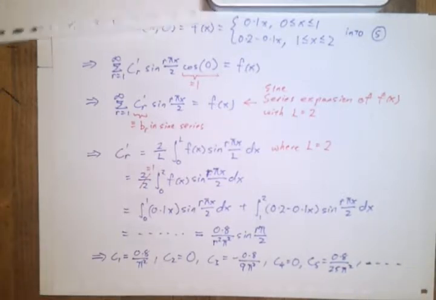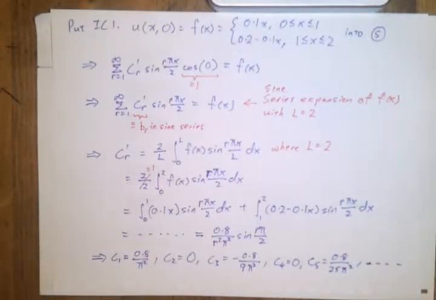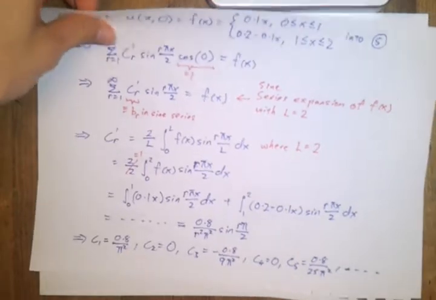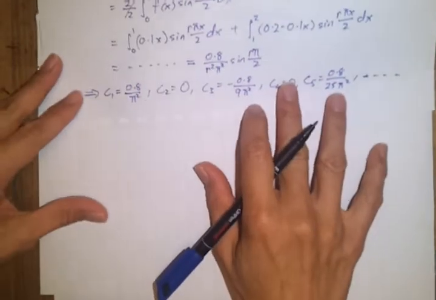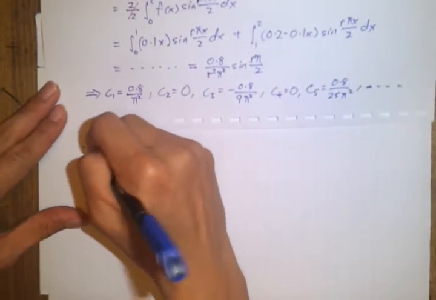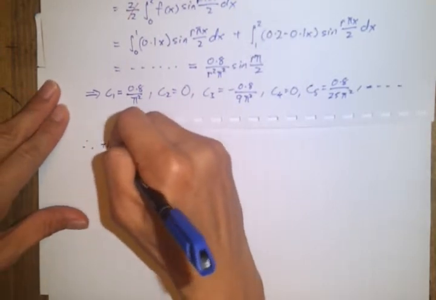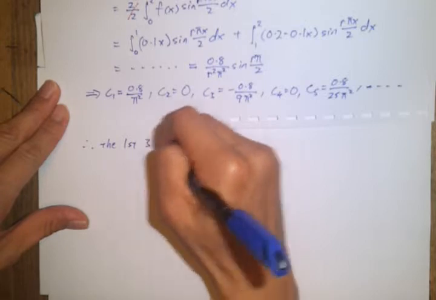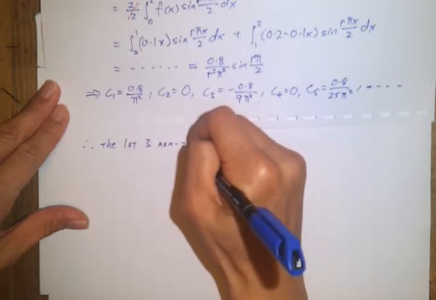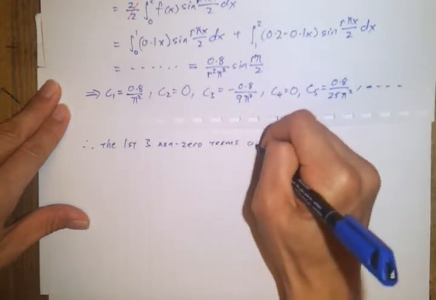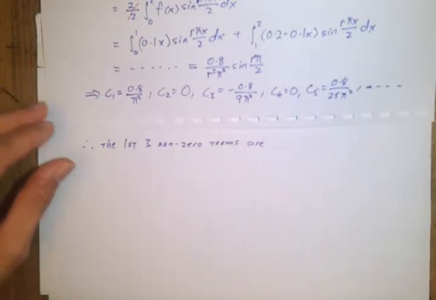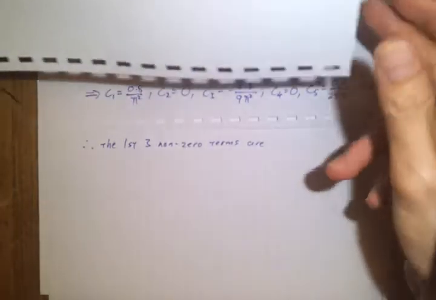So the question asks for the first 3 non-zero terms. Don't forget which one is the solution.